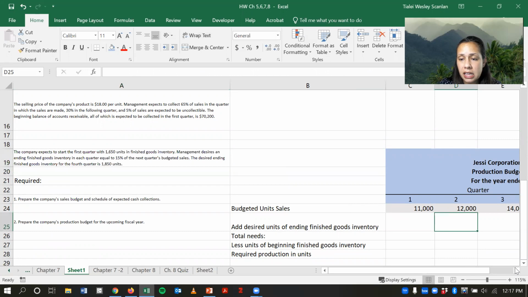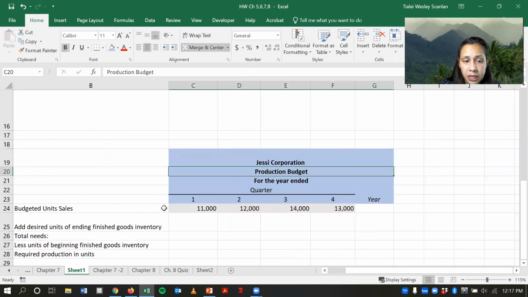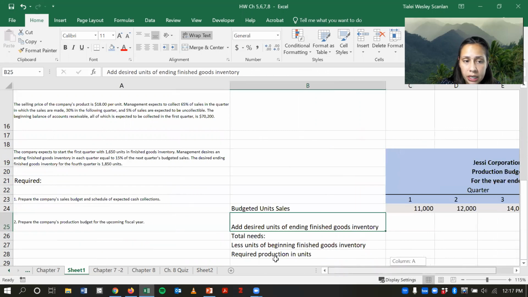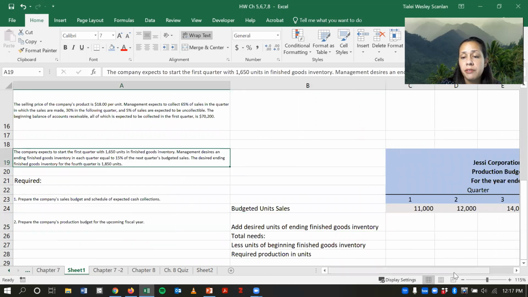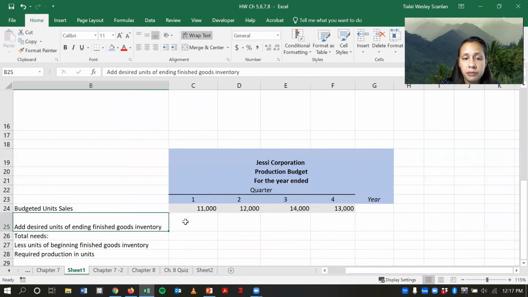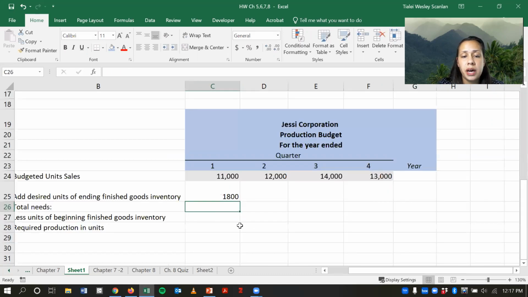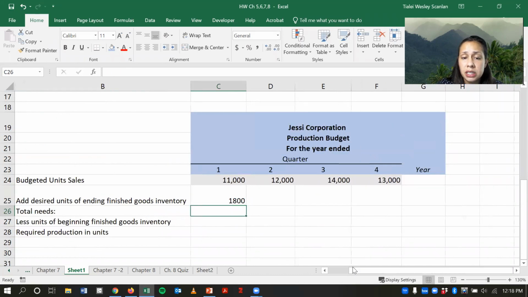So I set this up again, we're doing a production budget. We want to add desired units of ending finished goods inventory. And they said 15% of the following quarter. So I want 15%, 0.15, multiplied by the following quarter. So I want to have 1,800 units. We don't want to stock out. We don't want to make our customers angry.